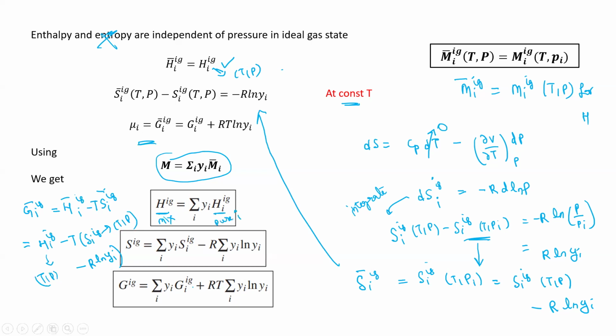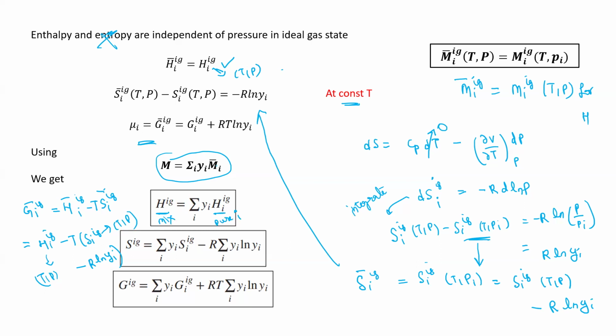So we don't know what M_i bar is in a mixture. So that we are expressing in terms of M_i, which is the pure thing. We know the values of the pure species, and when it is in a mixture, we want to know what will be the overall property of the mixture. So what all parameters it can depend on?